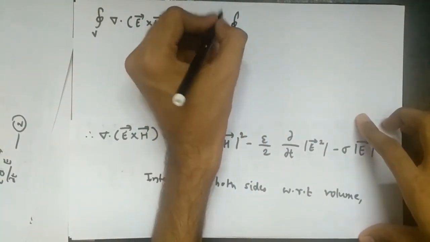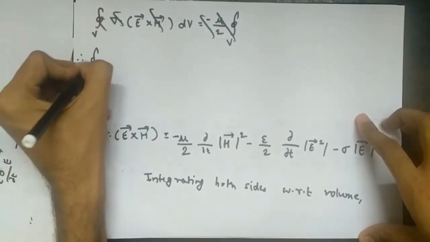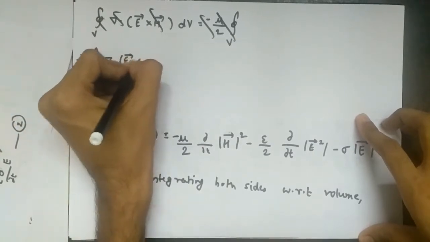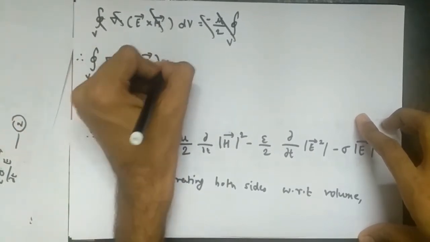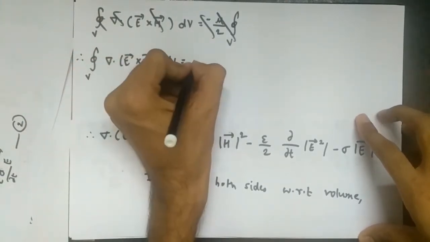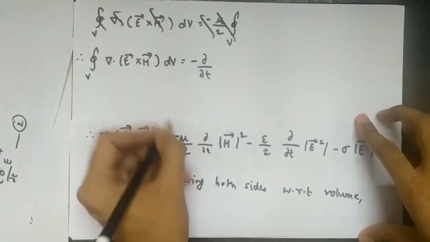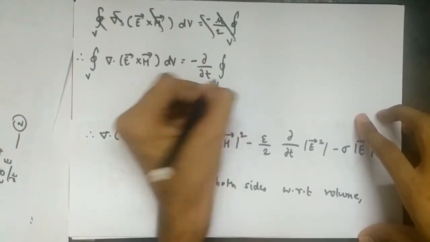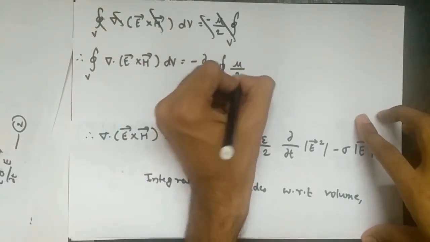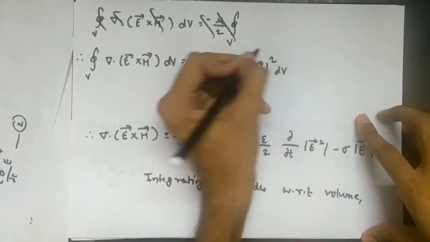so actually you can take ∂/∂t also. So I'll write it again. Therefore, closed volume integral of del dot E vector cross H vector dv equals, so this is minus, I'll take ∂/∂t outside, but I'll keep minus mu by 2 inside for some reason. We'll come to know why. Minus ∂/∂t integral of mu by 2 magnitude of H squared dv.